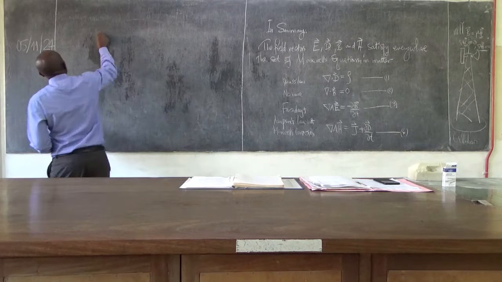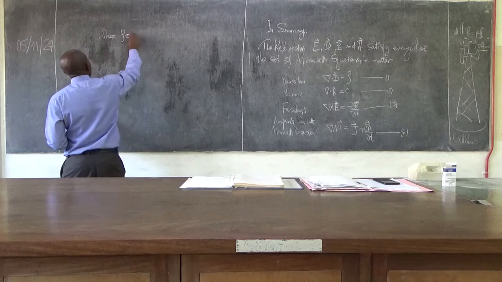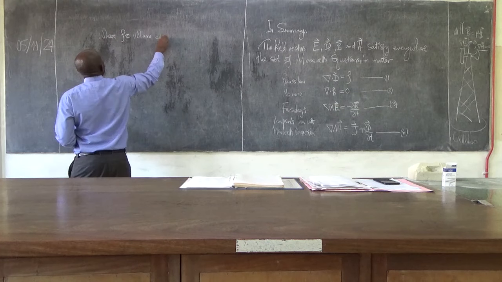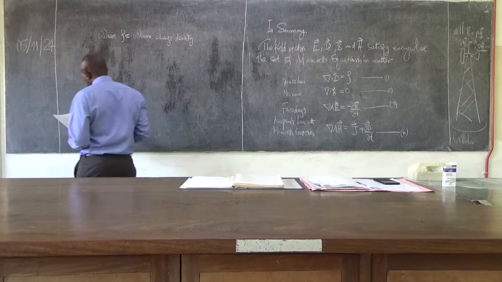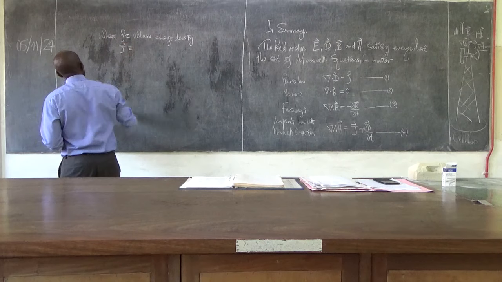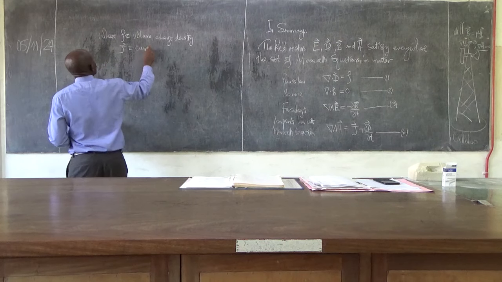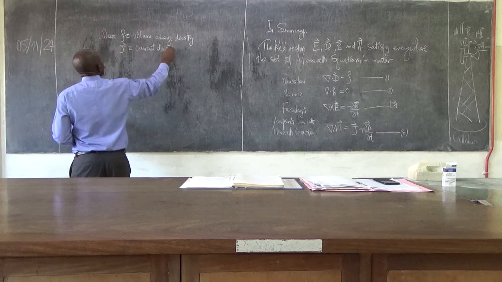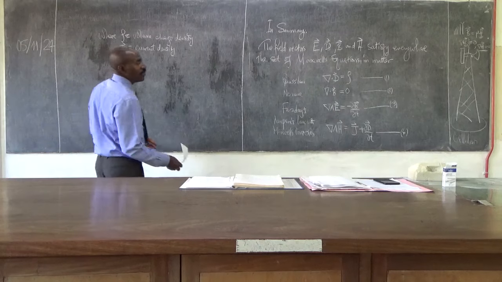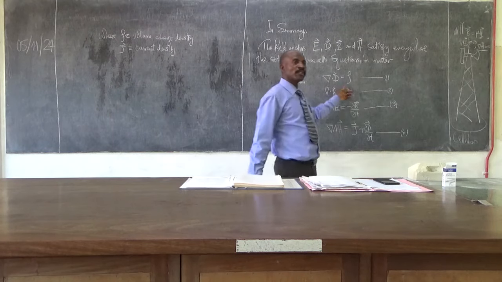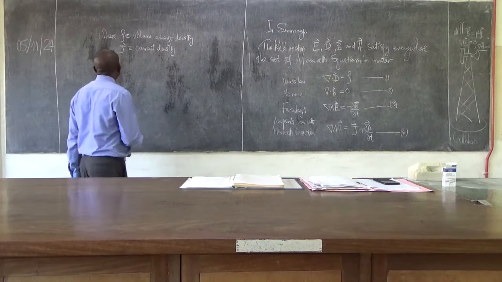So where rho is the volume charge density, J is the current density, and then the field vectors.